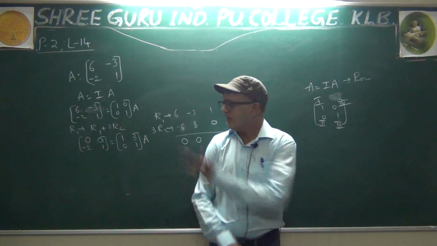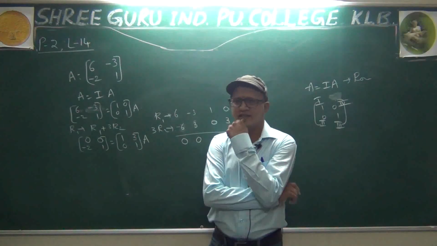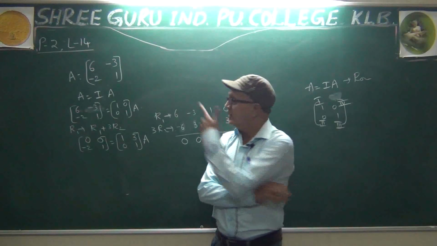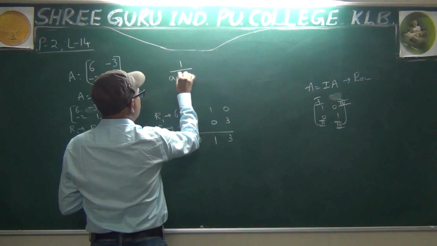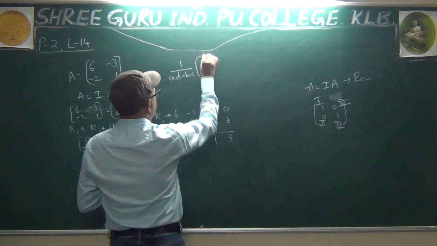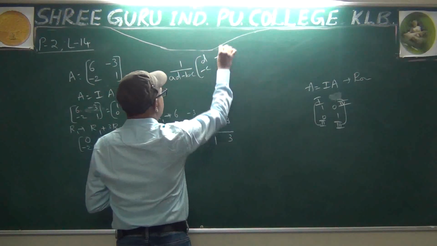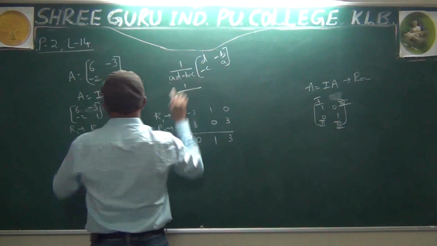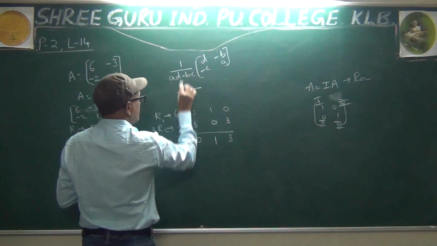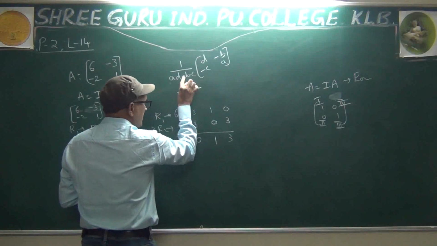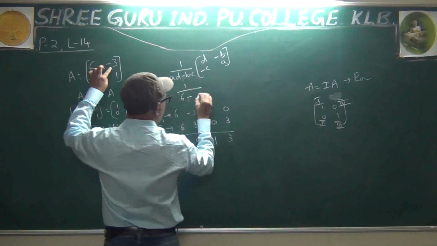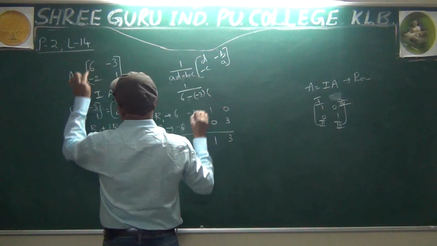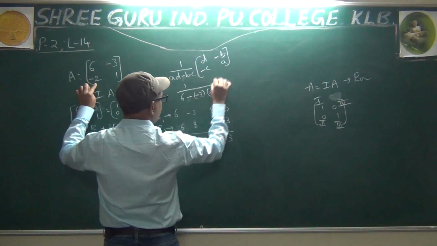Sir, why does it happen like that? Is there any special reason? Yes, the reason is there. Observe the trick here. The formula is 1 by AD minus BC, times the matrix D, minus B, minus C, A. 1 by AD, 6 into 1 is 6, minus B into C. B value is minus 3, C value is minus 2.